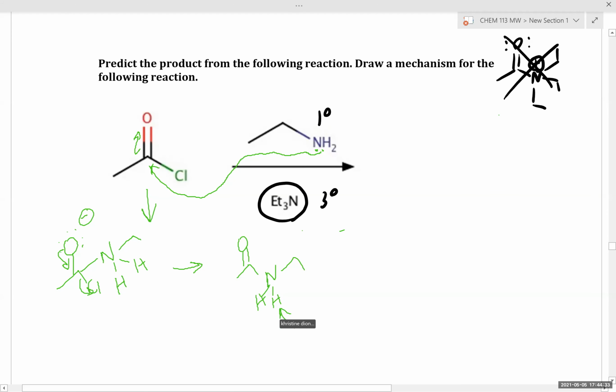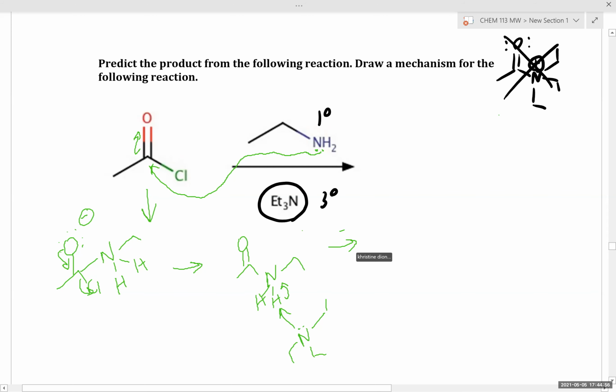Now, we just need to clean up this product and pull off our proton to get our neutral isolable amide. And in that case, our base, which is triethylamine, will pull off a proton from our amide nitrogen to generate our neutral isolable amide product.